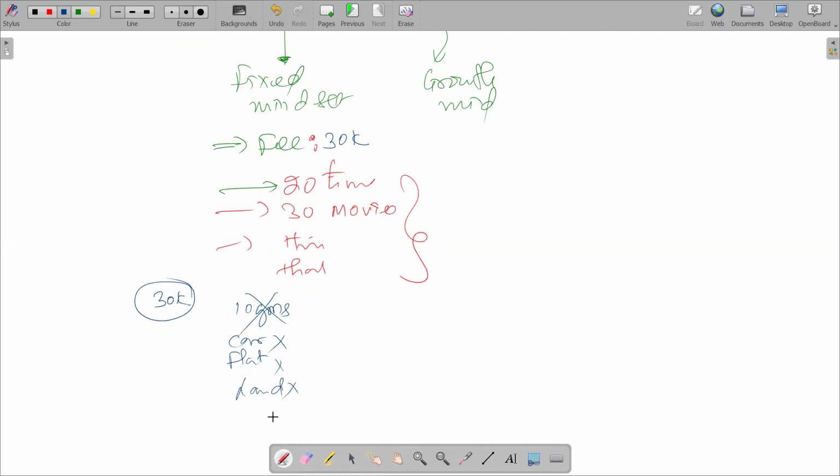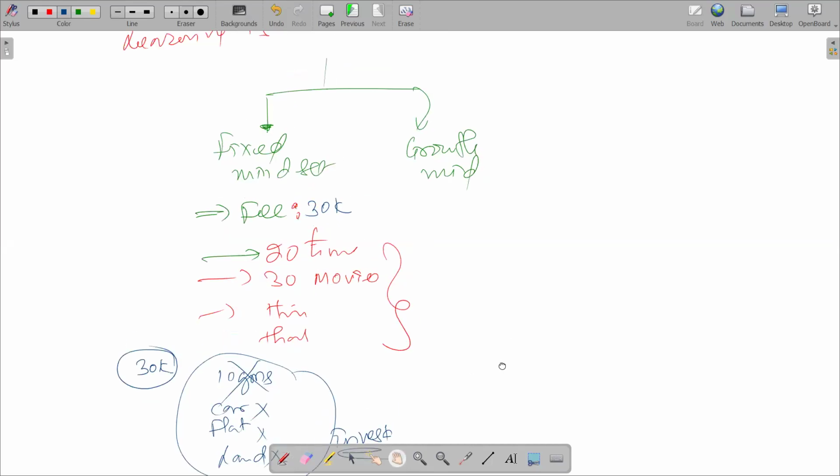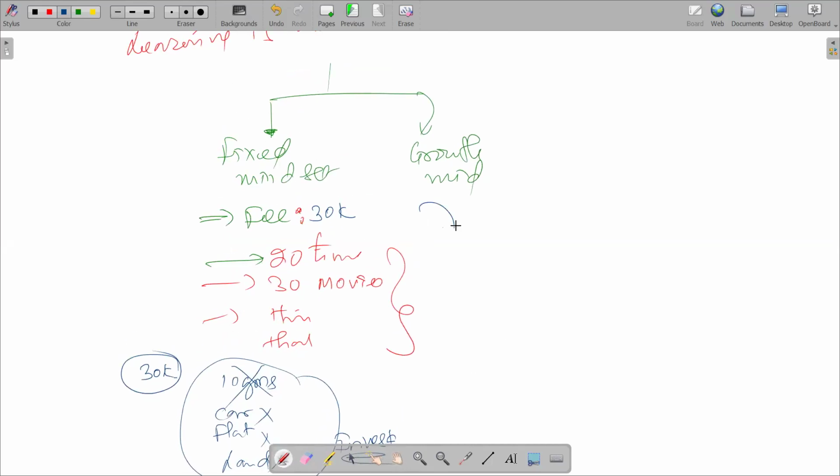Correct or not? With 30,000, you cannot build crores of rupees. But what you can do is invest here, in learning, with a growth mindset. This can give you 100 to 200% increment in your life.